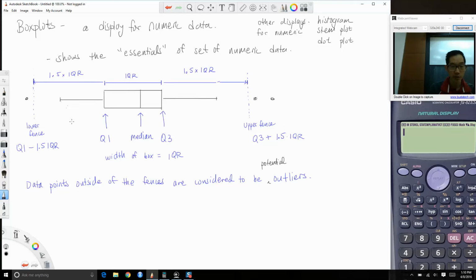The whiskers, and depending on which textbook you read, maybe some of these rules are a little bit different. Okay. Our whiskers extend to the largest data point and smallest data point that is not an outlier.